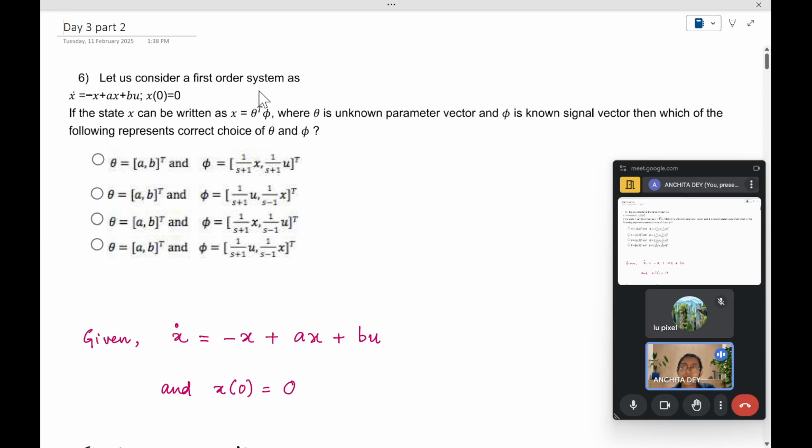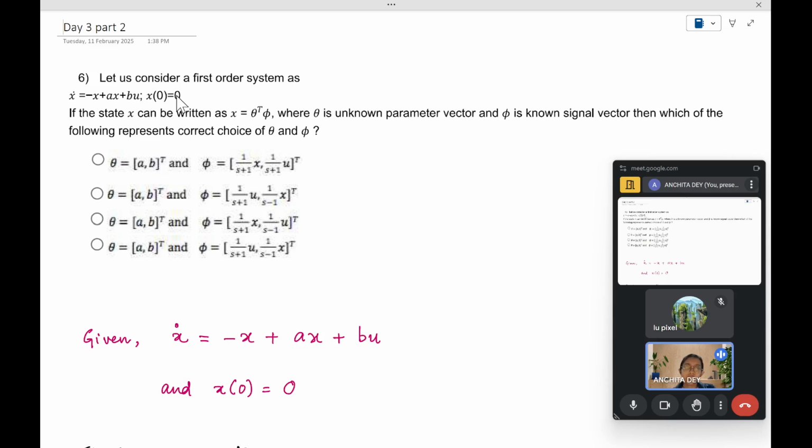Let us consider a first order system as x dot equal to minus x plus ax plus bu, and x of 0 is equal to 0. That means the initial value of x at time t equal to 0 is given to be 0.